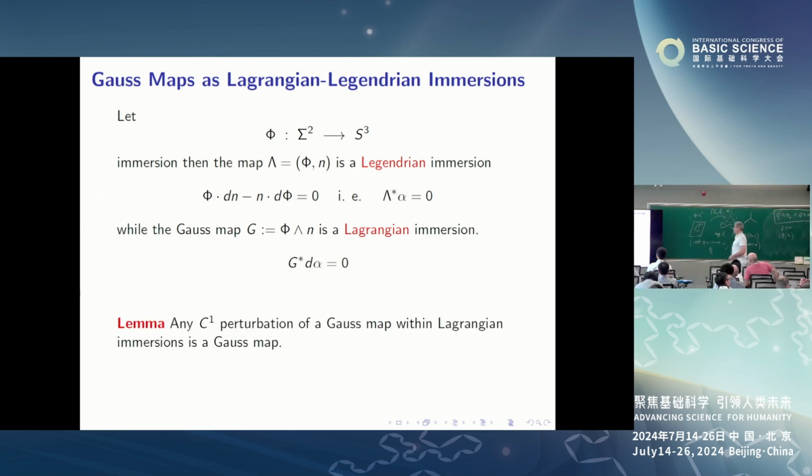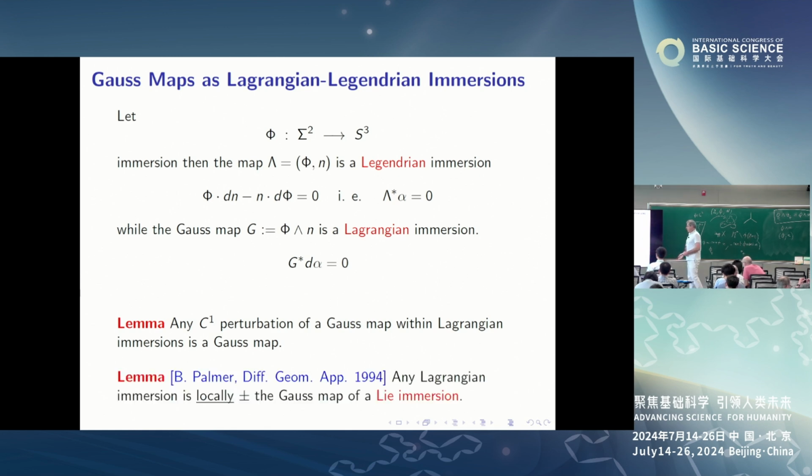First of all, what you observe is that any C1 perturbation of a Gauss map within Lagrangian maps is still a Gauss map. And any Lagrangian immersion is locally plus or minus the Gauss map of a generalized immersion, which is called a Lie immersion. I'm not going to go into that, but I'm using it at some point. This is due to Palmer.